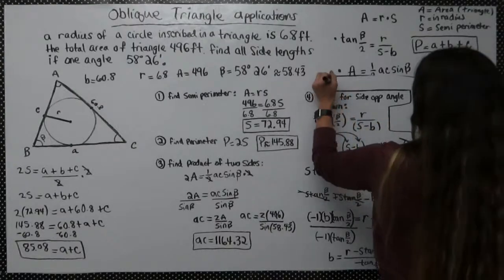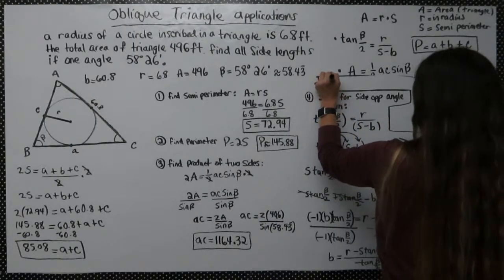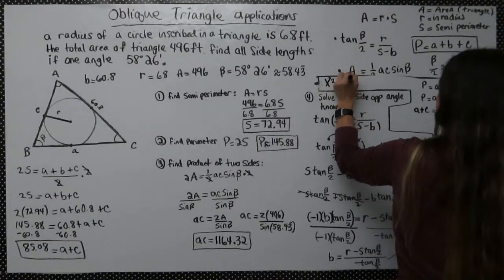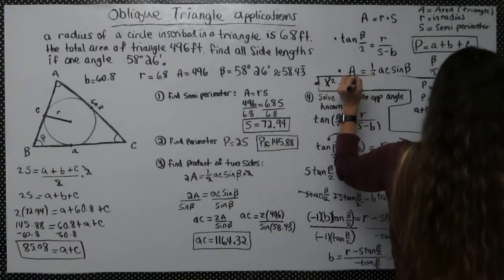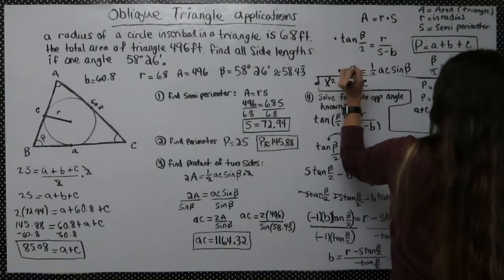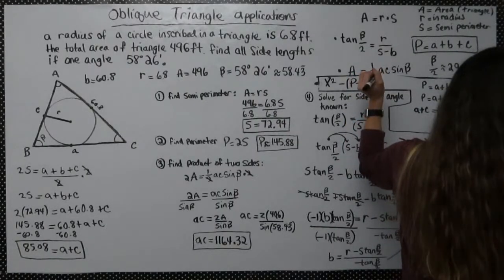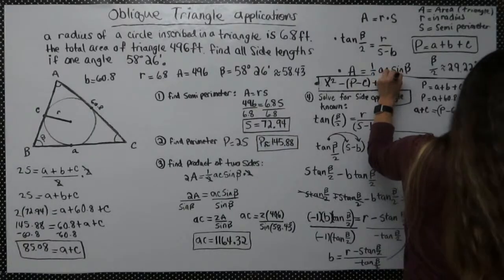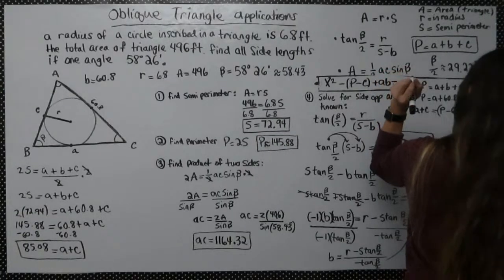So this says x squared minus P minus C plus AB equal 0.